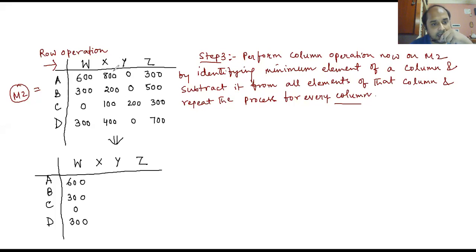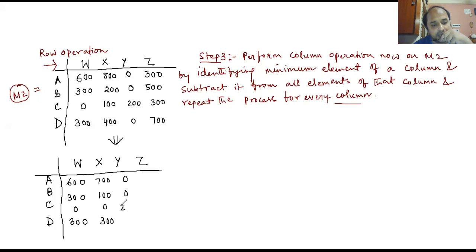In the next column, the minimum element is 100. So I'm going to subtract 100 from every element. So you get 800 minus 100, that is 700. 200 minus 100, that is 100. 100 minus 100, that is 0. 400 minus 100, that is 300.